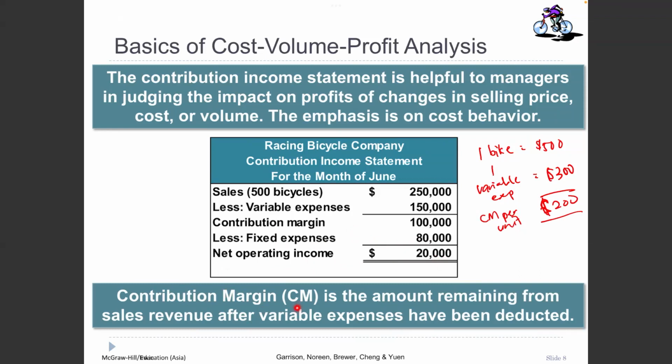The contribution margin is the amount remaining, the balance after variable expenses have been deducted from sales revenue. So you need to know contribution margin equals sales minus variable expenses.